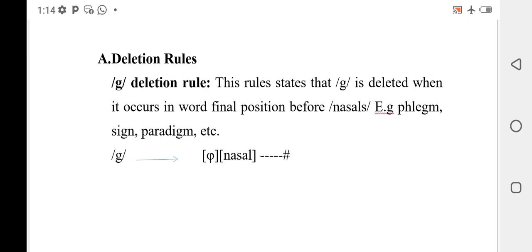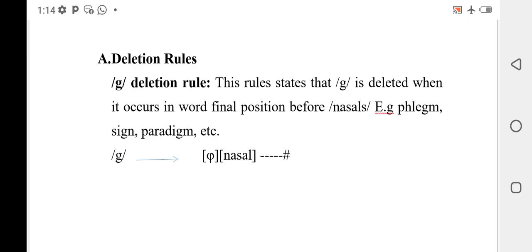All right, so in the deletion rule, G is deleted when it occurs in word final position. Do you understand that? When it occurs in word final position before nasals. That is the rule stated in words.